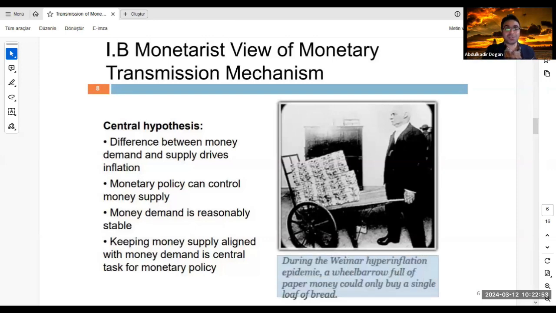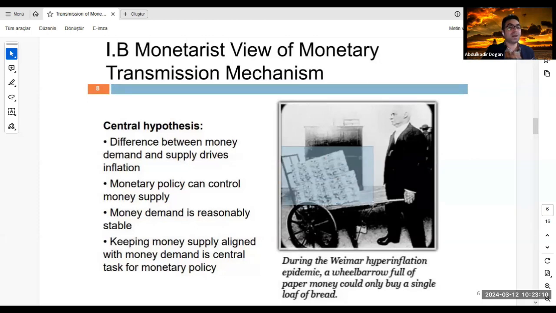Please look at the picture here. This is a well-known picture from after the First World War. During the Weimar hyperinflation epidemic, a wheelbarrow full of paper money could only buy a single loaf of bread. Do you see the money in this bucket?